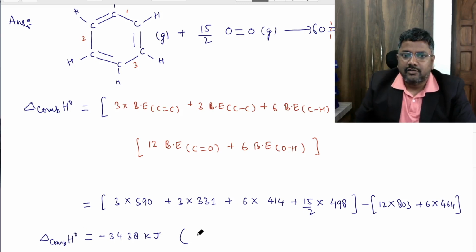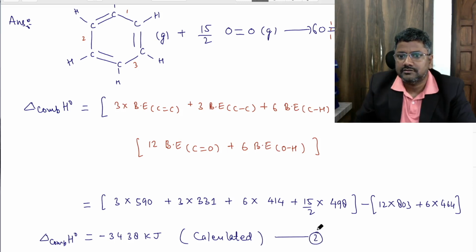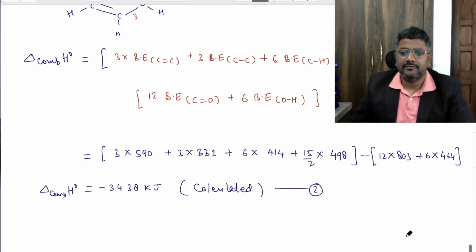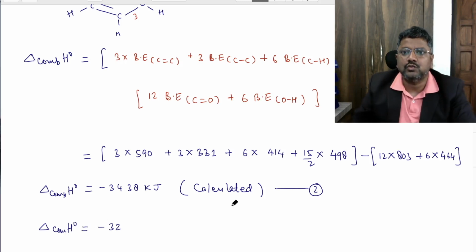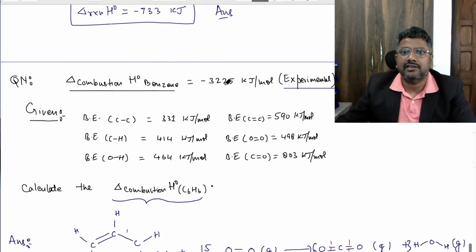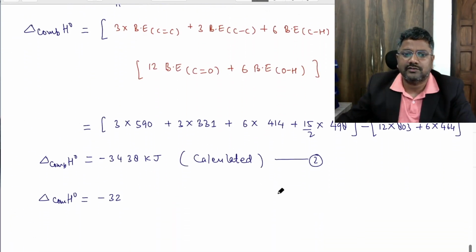This is the calculated value, right? But delta H combustion for the same compound, which is experimental, is minus 3225 kilojoules per mole, which is given in the beginning of the question.